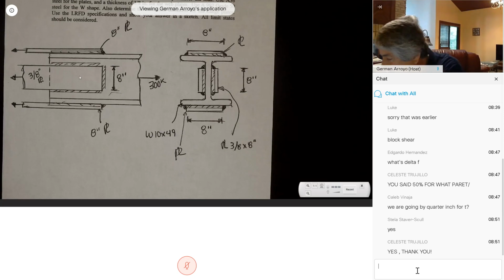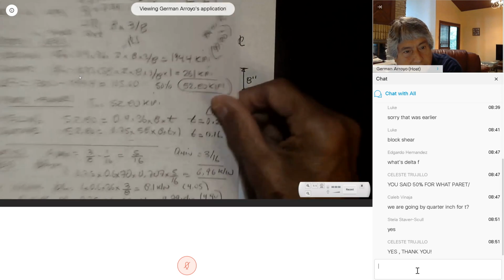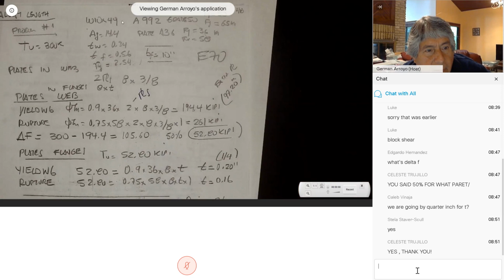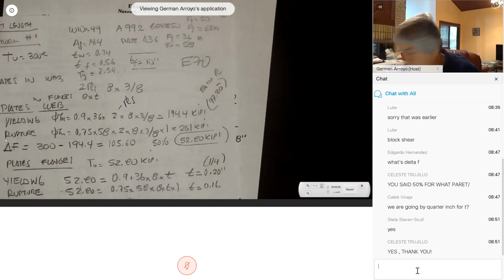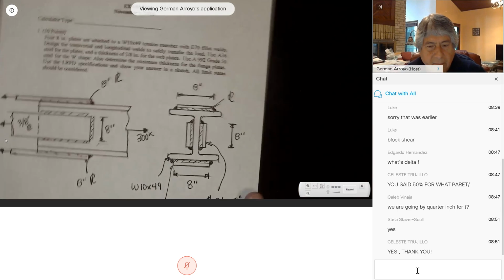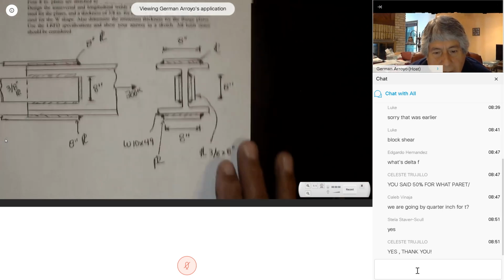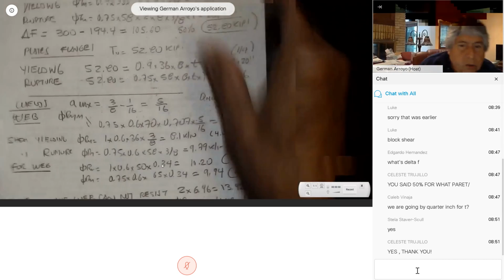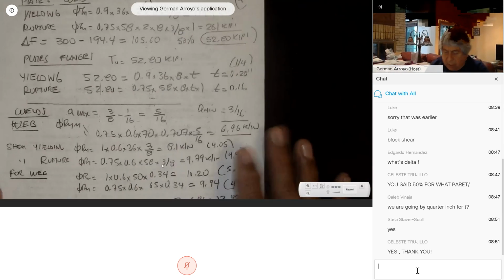The thickness of the web is 0.34. And the thickness of the plate, 3/8. So go to the table.